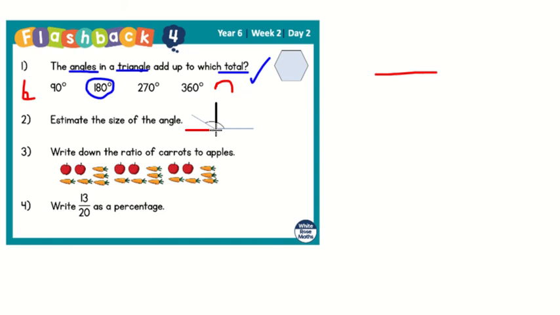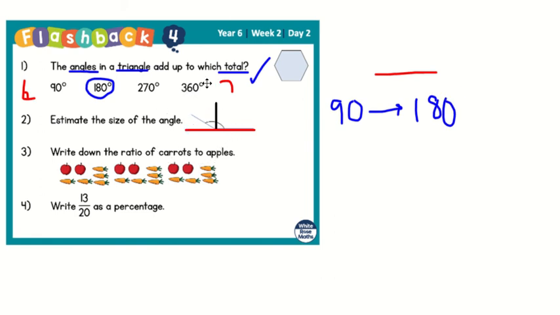I know 180 degrees is a straight line. So I can see that it's smaller than 180 degrees. So it's got to be larger than 90, but less than 180. Okay, so I've worked that bit out.